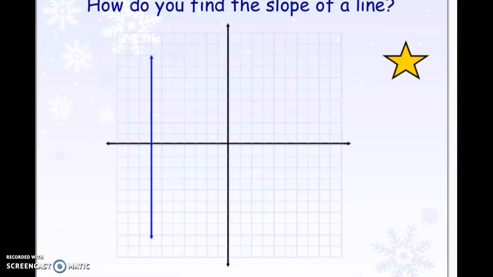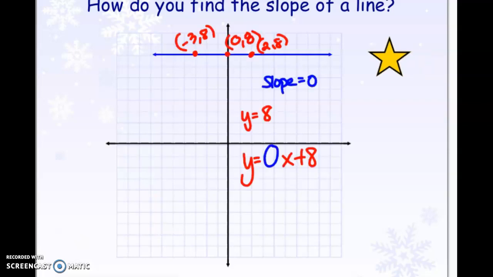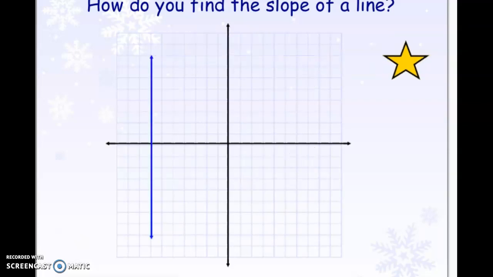A slope up and down then ties with the other one, right? One is undefined, one is 0, so this one is undefined. You can't divide by this, so the slope is undefined, we say. And that's because there is no change in x, the y changes.